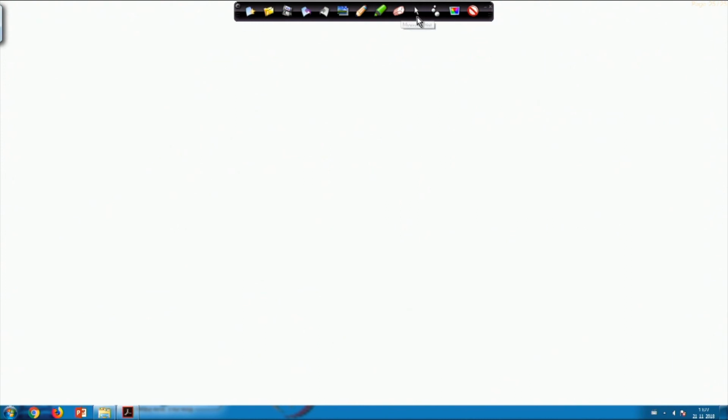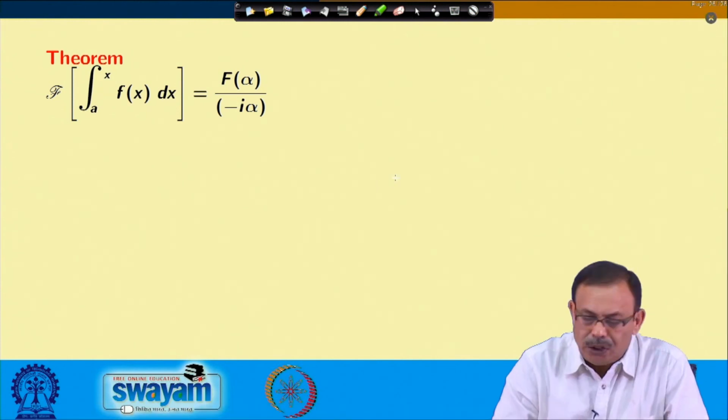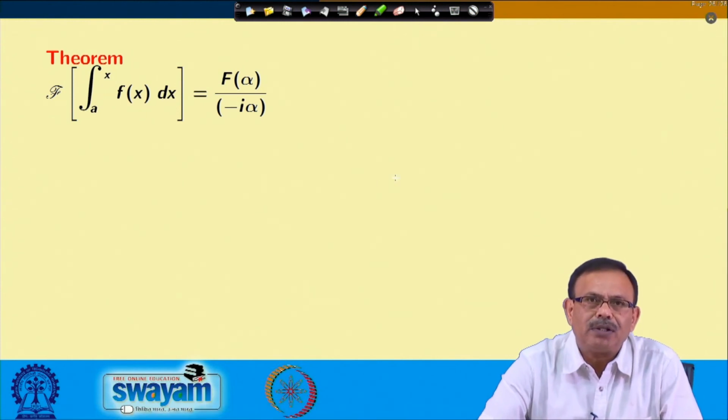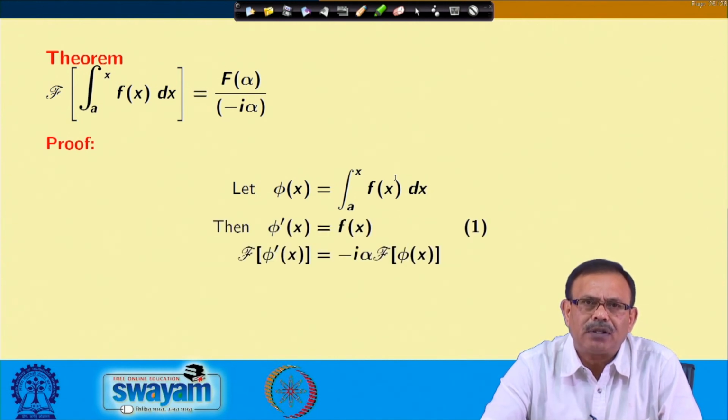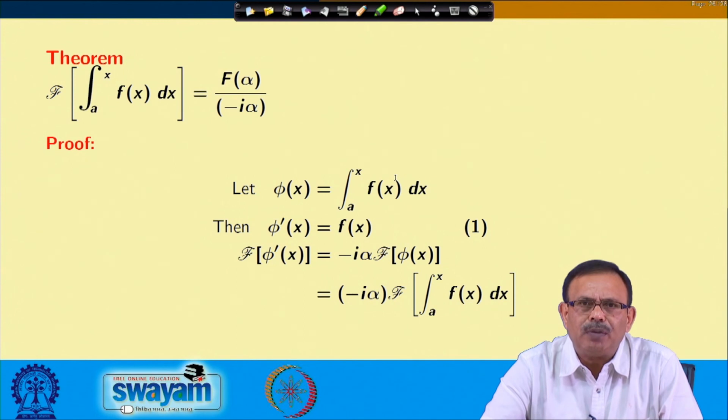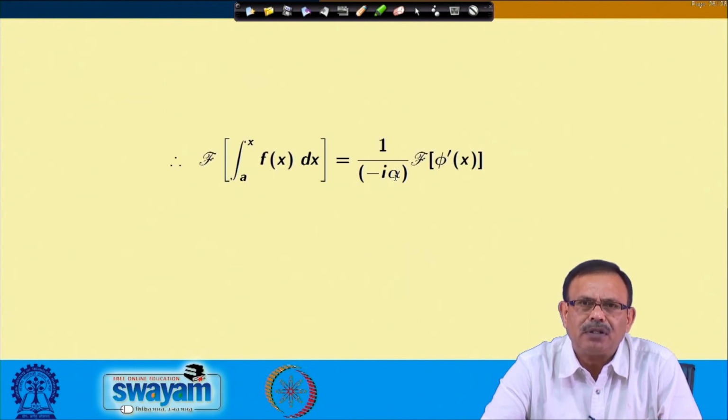Let us see it quickly. So, I have to prove that the Fourier transform of the integral from a to x of f x dx equals F alpha by minus i alpha. I am assuming phi x is this, so that your phi dash x is f x, and now I am taking the Fourier transform of phi dash x, which using the property equals minus i alpha into the Fourier transform of phi x, which is equal to minus i alpha into the Fourier transform of the integral from a to x of f x dx.